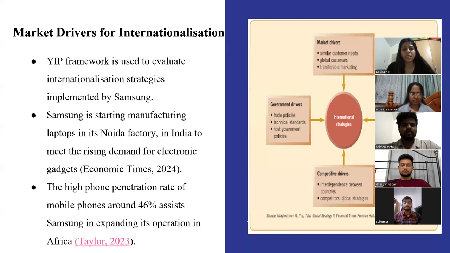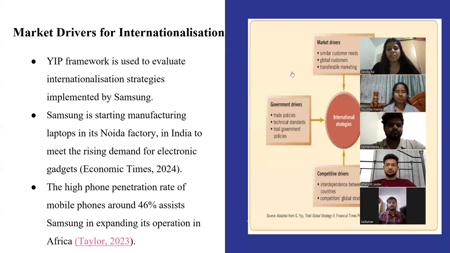Samsung has expanded its operations in Africa, as the mobile phone penetration rate reached a new high of around 46% in sub-Saharan Africa. And here the slide shows the international strategies for Samsung like market drivers, government drivers, competitive, and cost drivers.